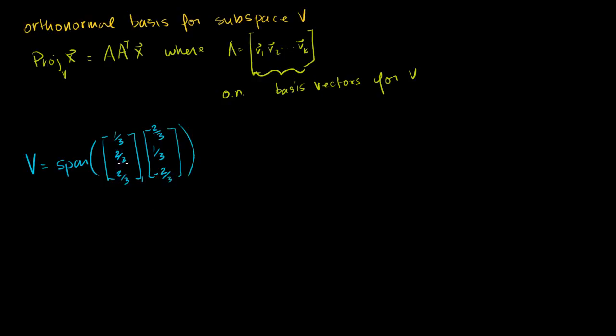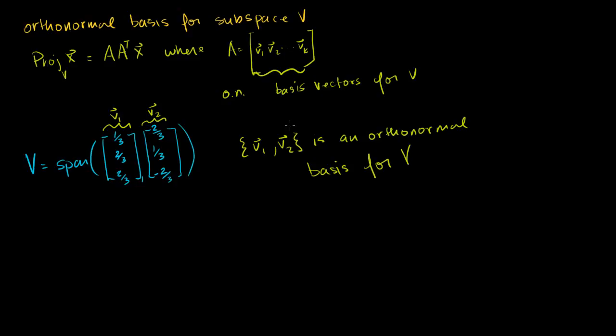Now, we've already seen that these two are linearly independent, they both have length 1, and they're orthogonal to each other. Let me call this vector v1 for shorthand, and this v2. We know that the set of v1 and v2 is an orthonormal basis for V.